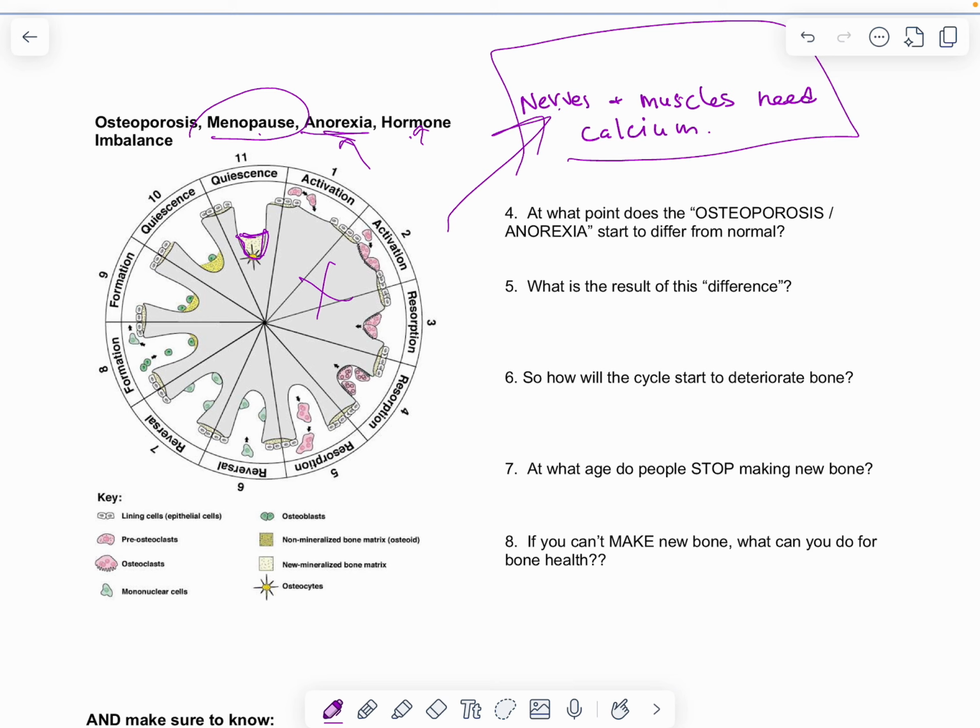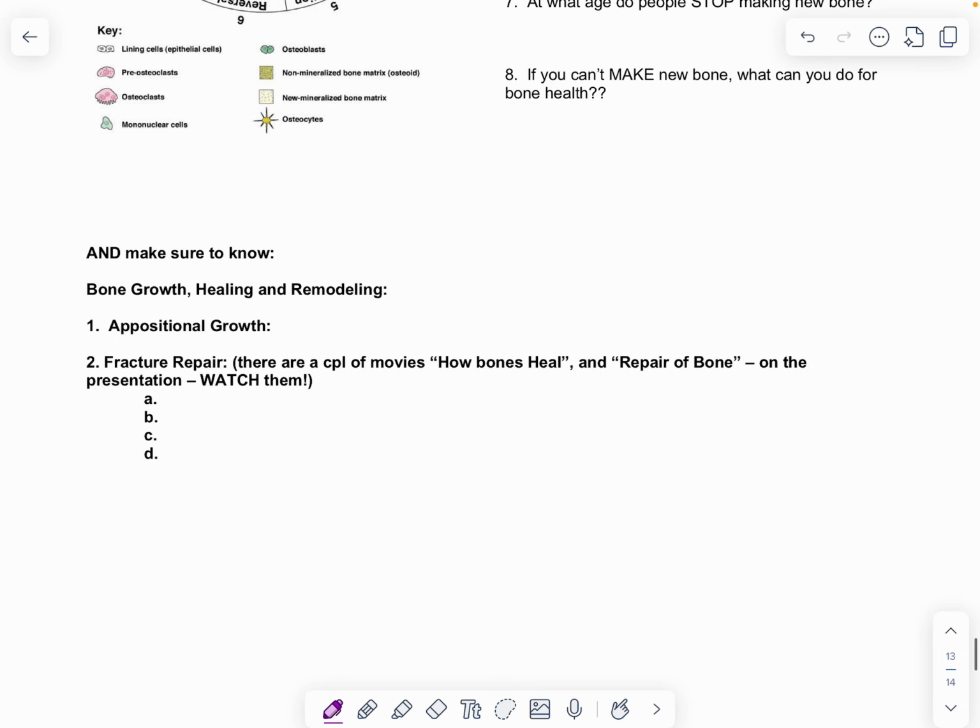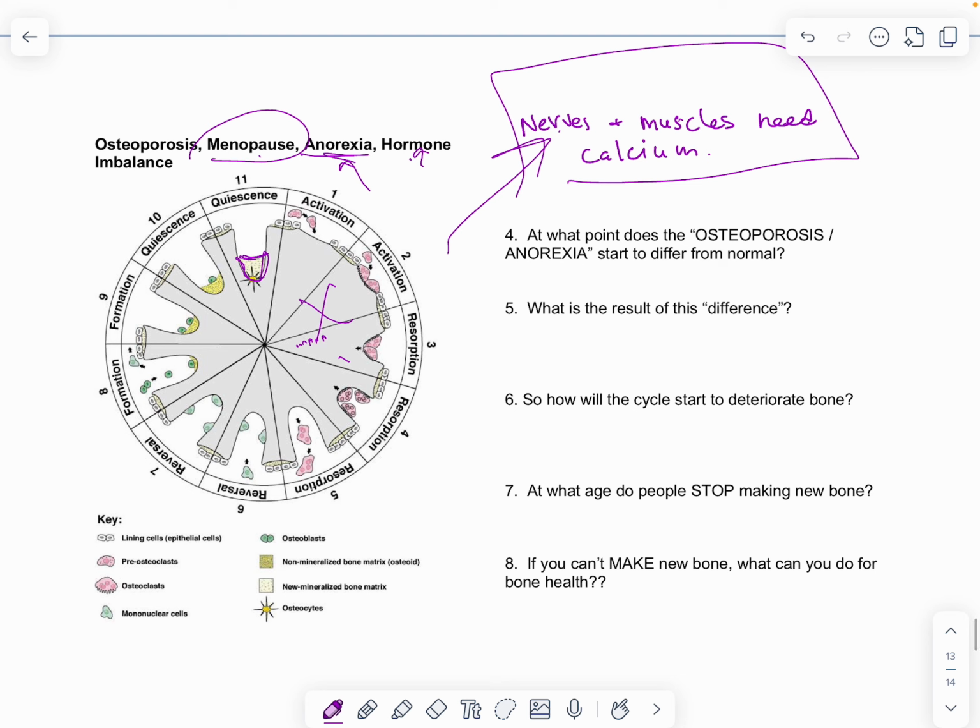If I'm anorexic, I'm going to have weaker bones? The answer is yes. And this could be males or females. A lot of young women think, well, I'll worry about that when I get older. Remember, you start losing bone mass at about 30. So if you aren't building bone right now, your bones are going to get smaller. So that's what we have right here. You can answer those questions, and there we go.